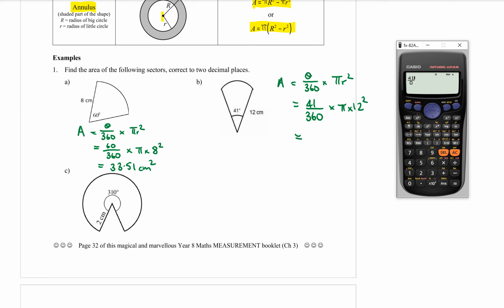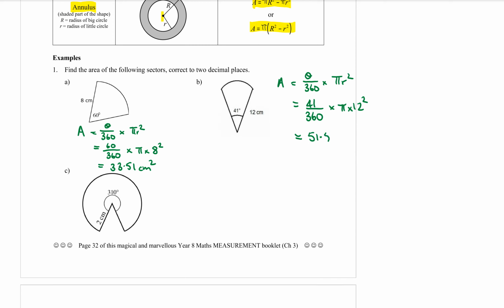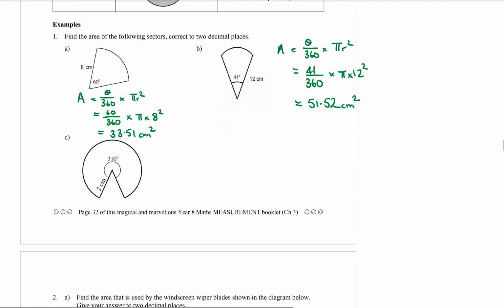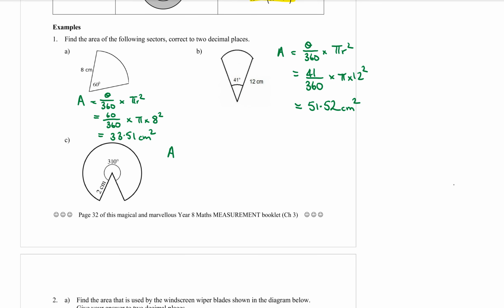So 41 over 360 times pi times 12 squared, which is 51.52 centimeters squared.